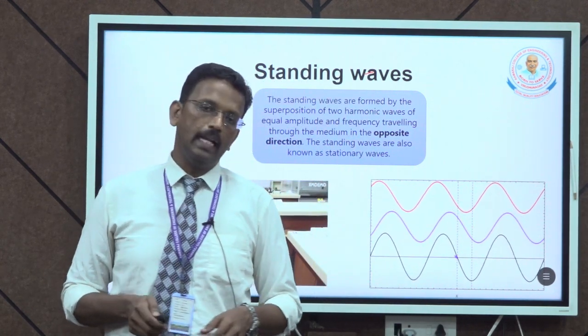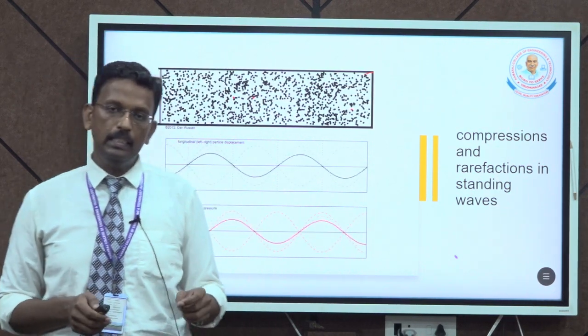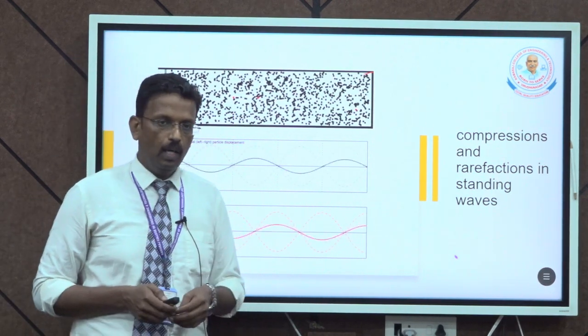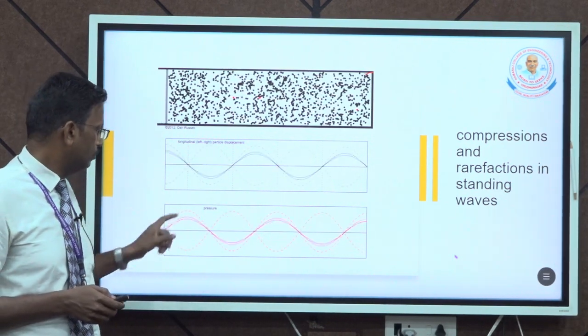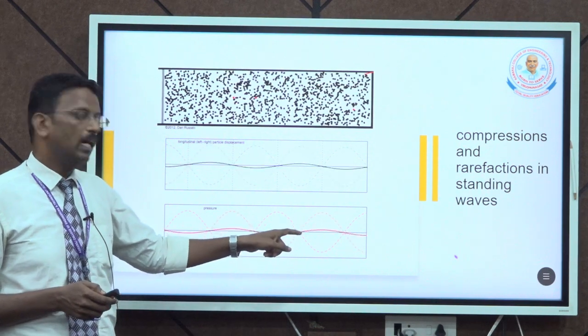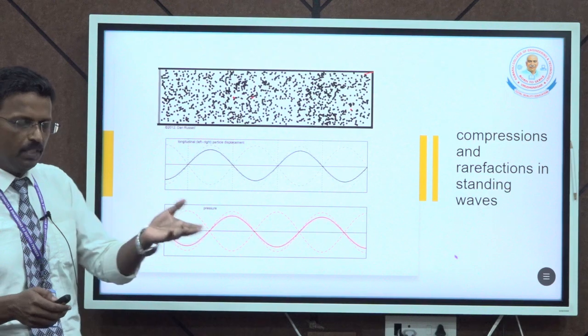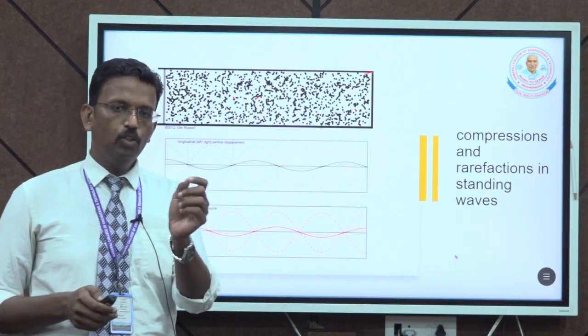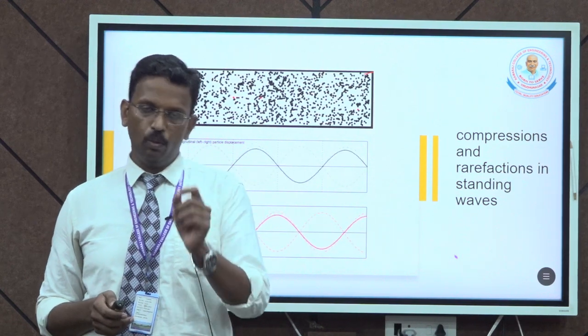Next, we are going to analyze the compression and rarefactions present in the standing wave. As we know, this is our standing wave. Here you can see the pressure variation present in the standing wave. As I mentioned earlier, at a nodal point the particle displacement is 0.